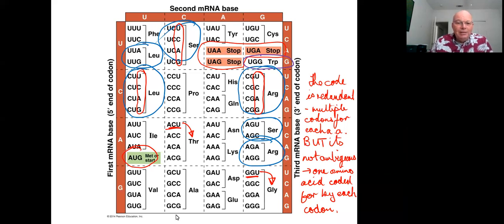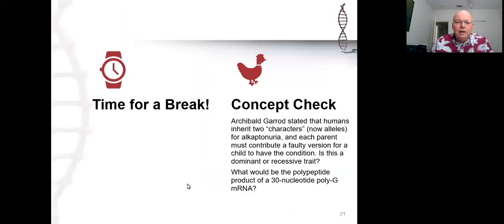So if it is a 30 nucleotide messenger RNA, and they're all Gs, that means we've got 10 three-letter GGG codons. So we're going to have a 10 amino acid polypeptide, and it's going to be a 10 glycine polypeptide, because GGG is the codon for glycine.